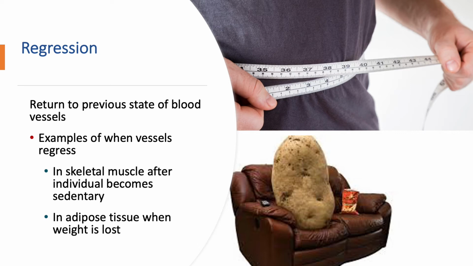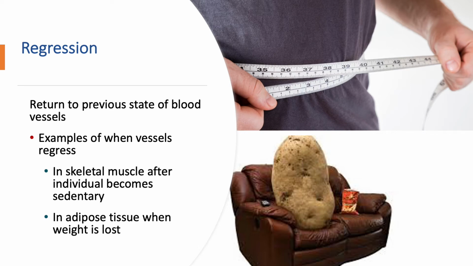Just as we can have increased vessel formation for an area that's experiencing higher metabolic needs, let's say skeletal muscle, if we pick up a new aerobic exercise regime, we can have regression of vessels as well. So let's say you started exercising and then you had angiogenesis occur, right?